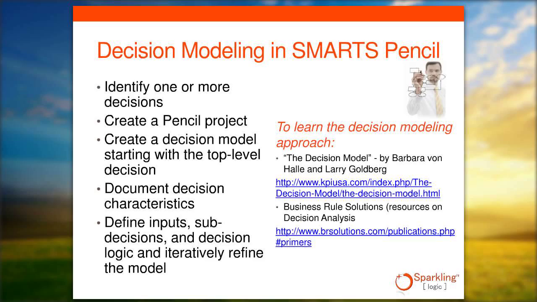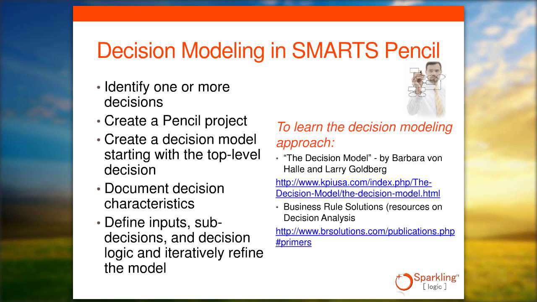So for example, to know if the applicant is eligible for a specific loan product, we might want to look at, first of all, the applicant's employment and income. Then we might look at their eligibility for a specific loan program that the loan product is a part of, and so forth. So you'll be doing this work in Pencil.